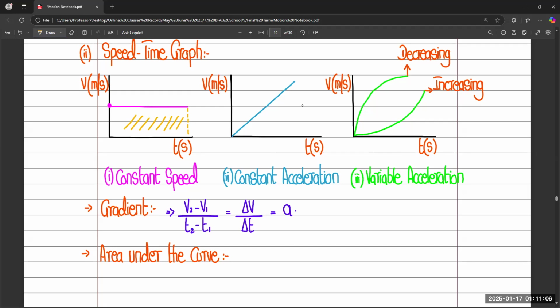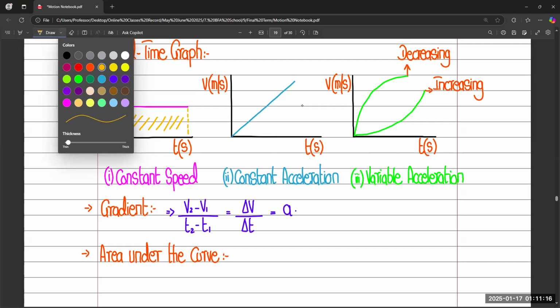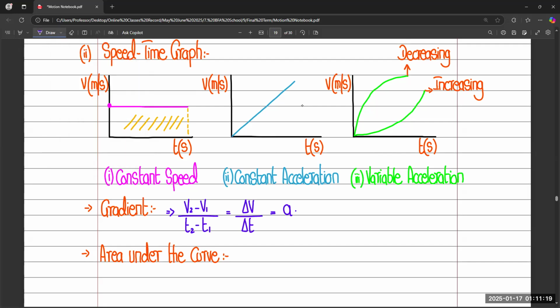In the second graph, it is a right angle triangle. So when they ask about the area under the curve, the area under the curve is equal to the distance covered by the body.